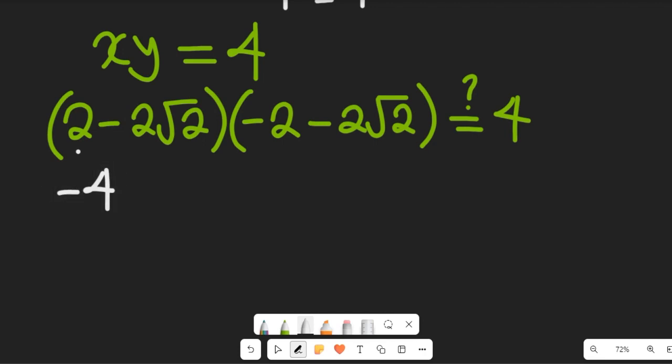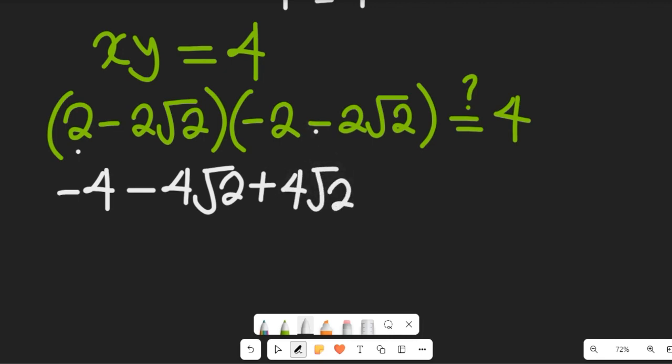Negative 4. 2 times negative 2 root 2 is going to give me negative 4 root 2, right? Minus 2 times plus 2 is going to give us plus 4 root 2. Minus times minus is going to give us plus. 2 times 2 is going to give us 4. Root 2 times root 2 is going to give us 4. 4 times 2 is going to give us 8. So this is going to give me minus 4.